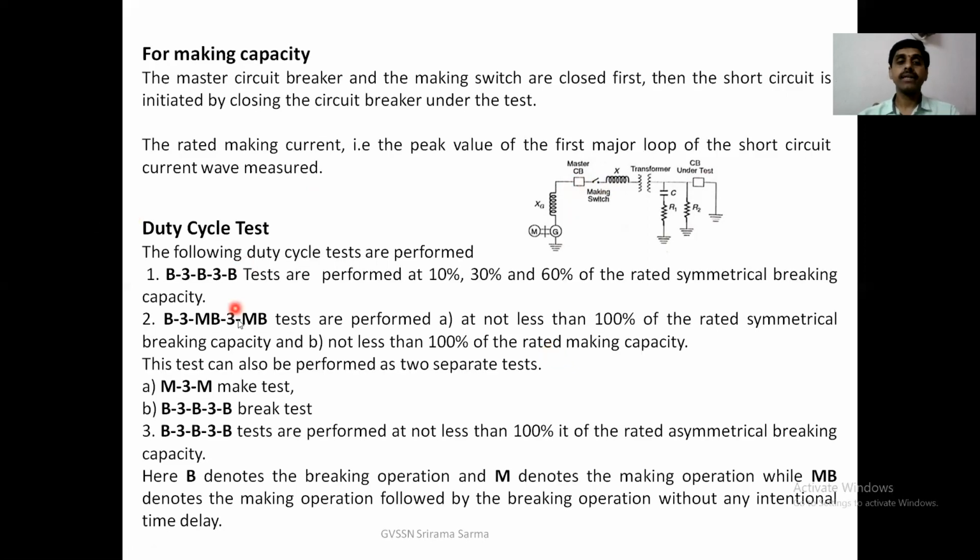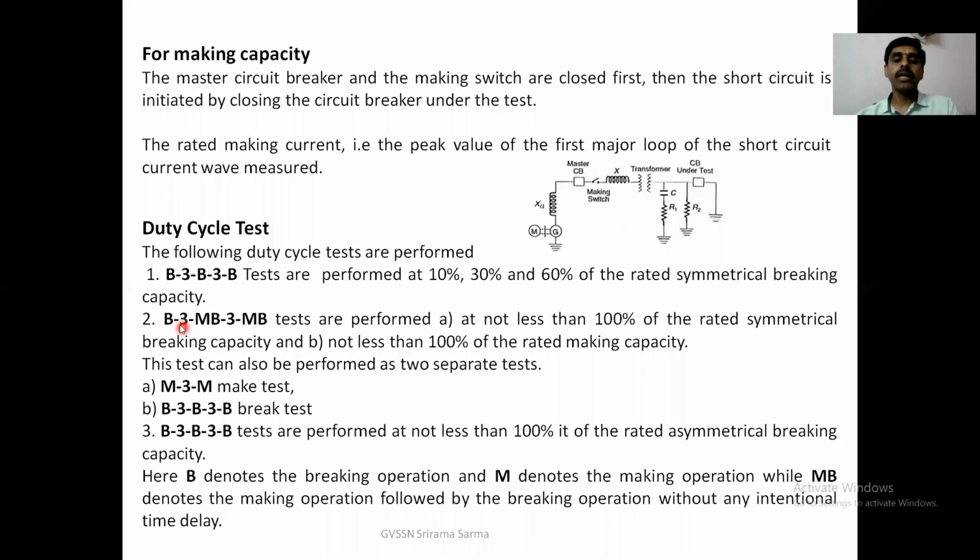Duty cycle test. The following duty cycle tests are performed. Breaking, followed by an interval of 3 minutes, the next breaking, 3 minutes, and followed by the next breaking. These tests are performed at 10%, 30%, and 60% of the rated symmetrical breaking capacity.